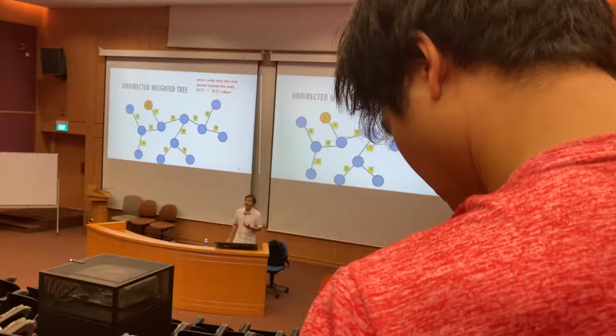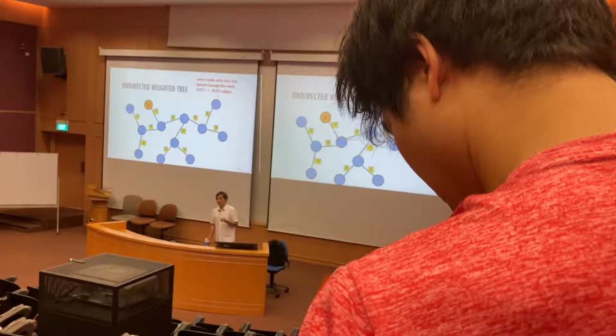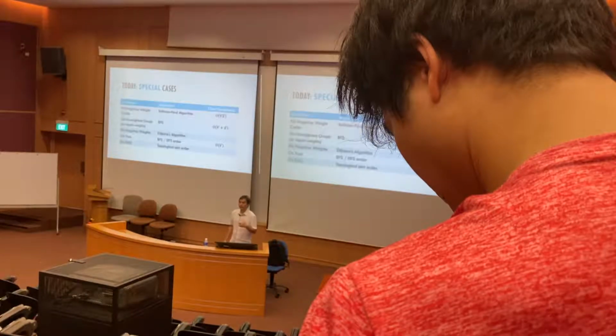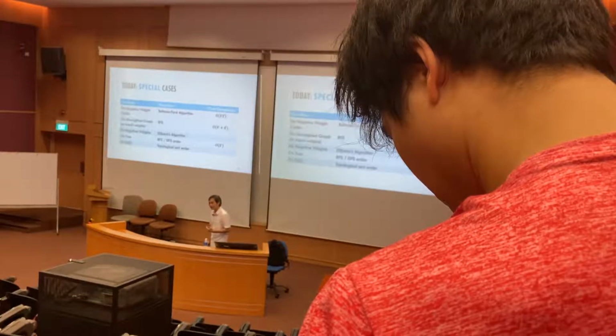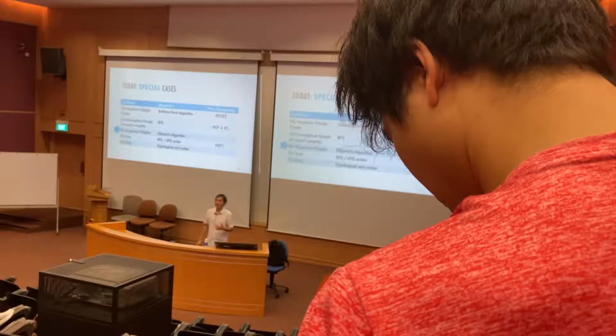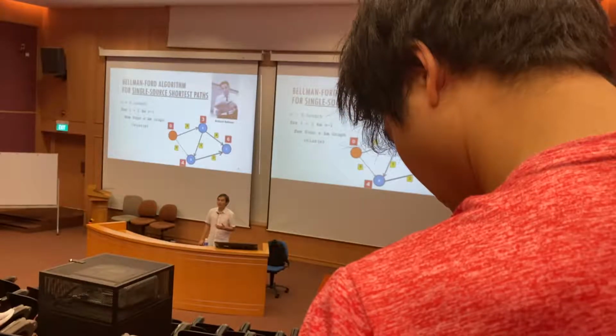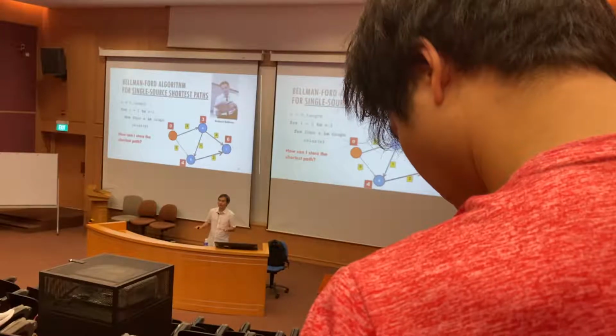Do you remember from last week? BFS or DFS order, right? So you can relax in either way, and you can run it in O(V) time. Okay, so this is a special case. Today we're going to look at no negative weights, and we're going to learn about Dijkstra's. So before we get to Dijkstra's, I'm going to show you some other properties first.